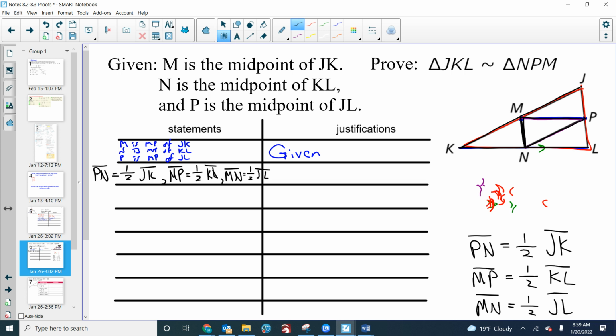What would our reason be for that? What fact did we use? The mid-segment, yeah, the triangle mid-segment theorem. The triangle mid-segment theorem.